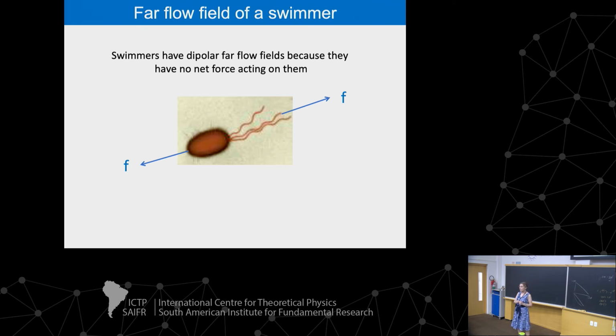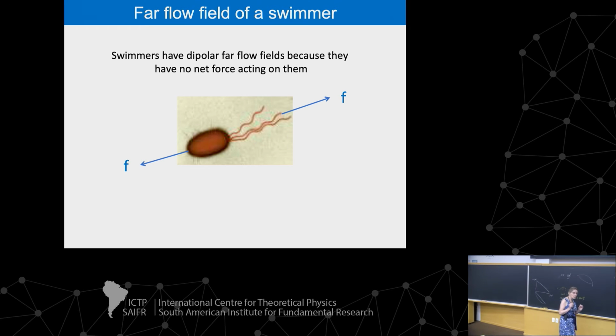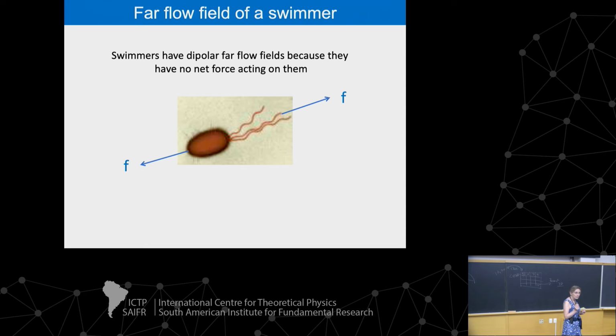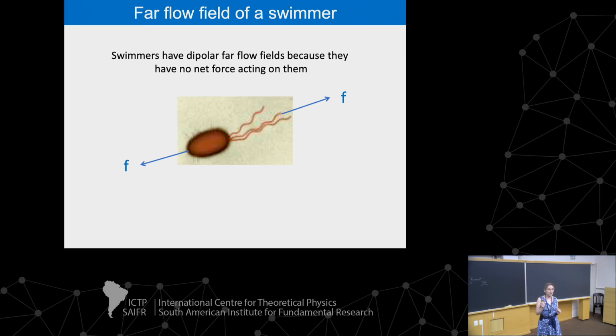So there's my swimmer, and it's exerting forces on the fluid, but it has to exert forces in equal and opposite pairs, okay? Let's think why. Well, there's nothing there to pull it, right? With the colloid, we had to pull it through the fluid. There can be no net force acting on a swimmer because there's nothing there to pull it. It has to move itself.